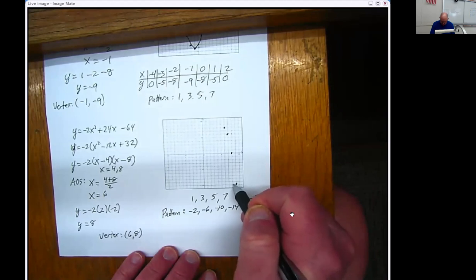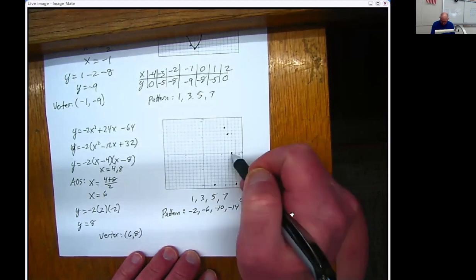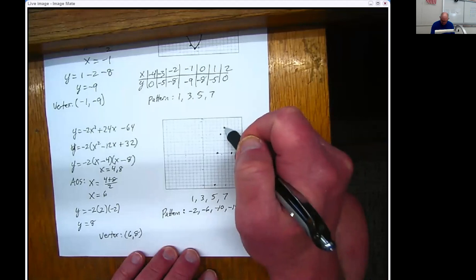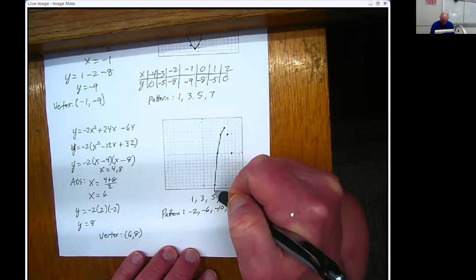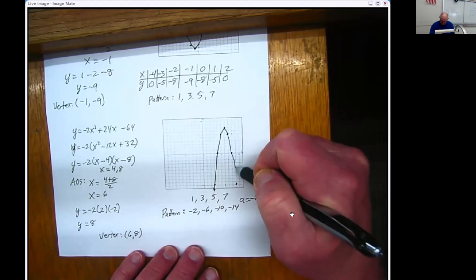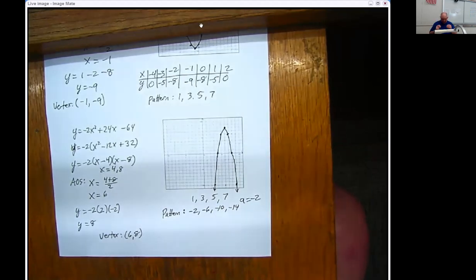So I am 1, 2, 3 from the line of symmetry. 1, 2, 3. 1, 2, 1, 2. And boom. Sketch in your graph. And Mr. Penner is going to pull up the Desmos, make sure we got this correct.